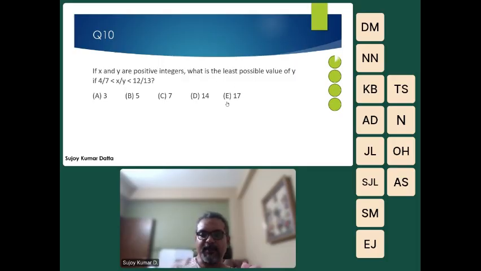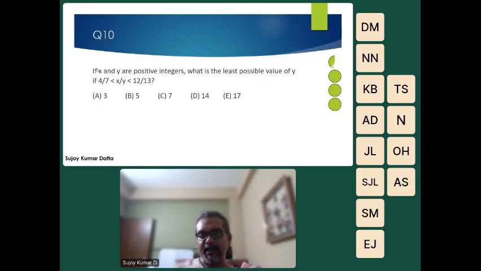All right, so we need to find the value of y. Right now the x over y ratio is given. If I multiply by y throughout in this inequality, I will get x in terms of y. I don't want that.